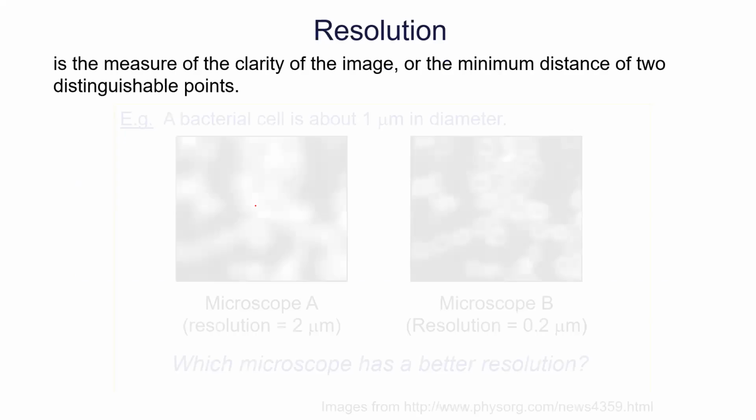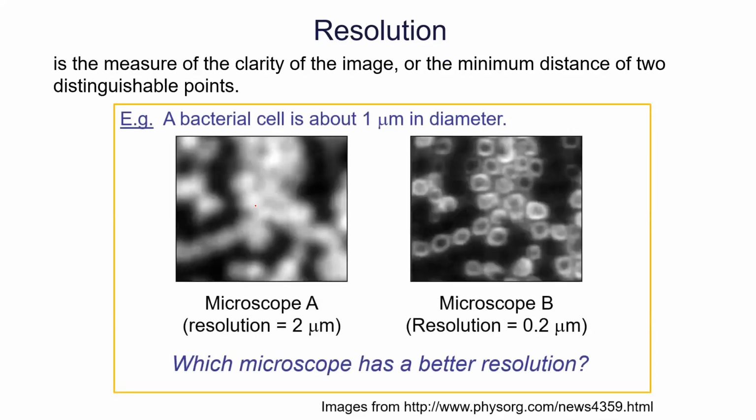So I'll show you an image here, or 2 images. You can see on the left we have one microscope, on the right we have another microscope. It's the same picture, but clearly there's a very big difference. Microscope B is sharper. I can make out each of the cells. I can distinguish each cell as distinct individual cells.